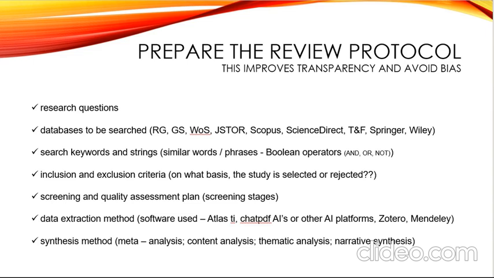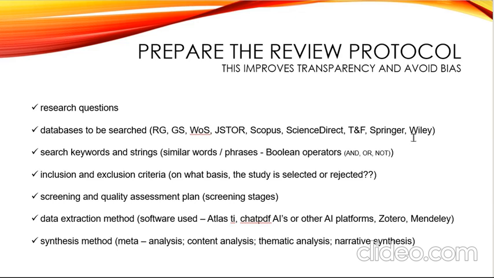Databases are ResearchGate, Google Scholar, Web of Science, JSTOR, Scopus, ScienceDirect, Taylor and Francis, Springer, Wiley, Oxford, Sage, Academia, Semantic Scholar, PubMed. Like that, many research databases are available to search the literature, right?